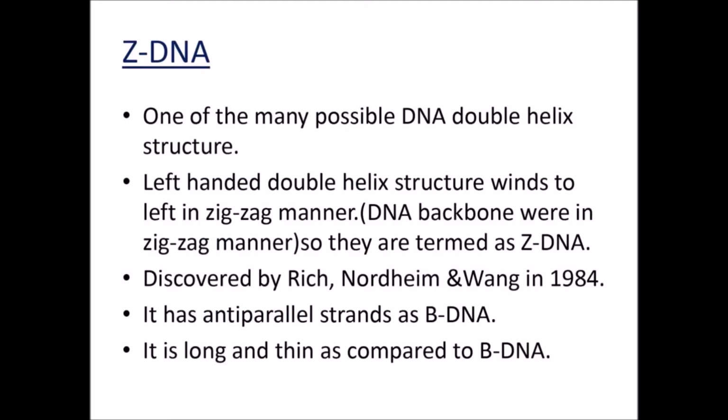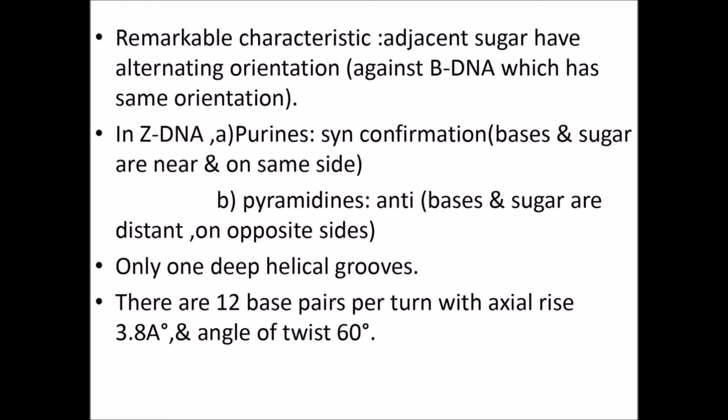Next is Z-DNA. One of the many possible DNA double helix structures. Left-handed double helix structure that winds to the left in a zigzag manner, so they are termed Z-DNA. Discovered by Rich, Nordheim and Wang in 1984. It has anti-parallel strands as B-DNA. It is long and thin as compared to B-DNA. The remarkable characteristic is that adjacent sugars have alternating orientation.